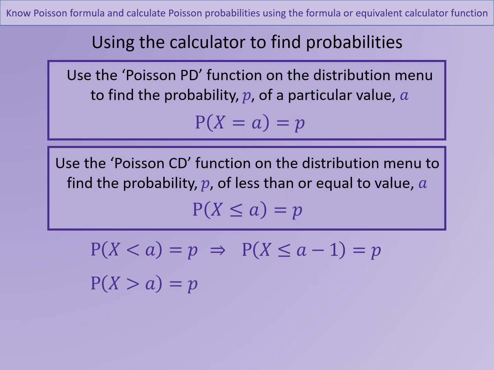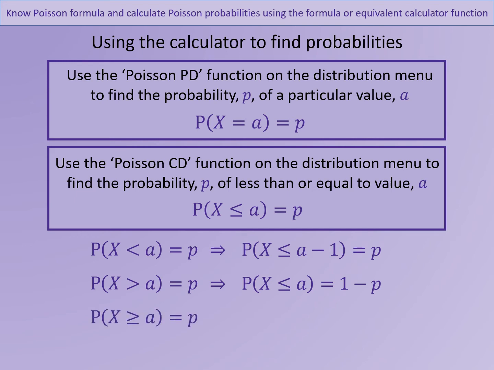Similar results: if the probability that x is greater than a is p, then if we found the probability that x is less than or equal to a, it would be 1 minus p. For example, if we did 1 minus p, this would give us the probability that x is less than or equal to 5.